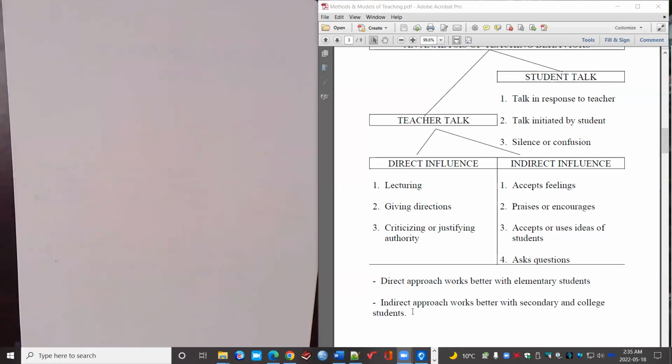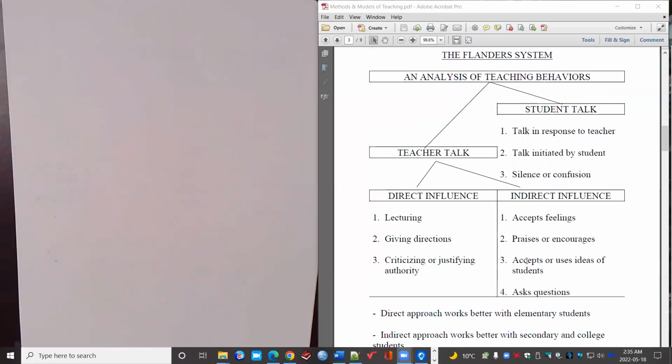So they can work better with indirect influence, or the active approach. That is better with secondary and college students. So that's the Flanders system, an analysis of teaching behaviors. Okay, good. Thank you.